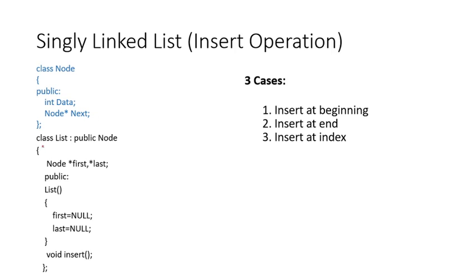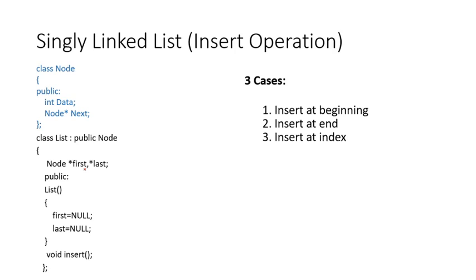Now we have created a class list where we have declared two pointers to the node. This first pointer is necessary, because in order to traverse the list we should have the address of the first node in the list, as the first node contains the address of the second, the second contains the address of the third, and so on.